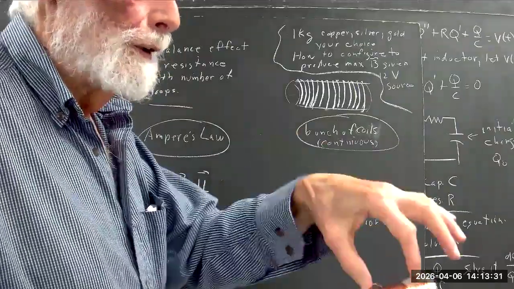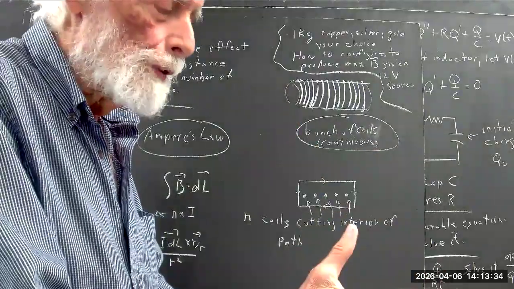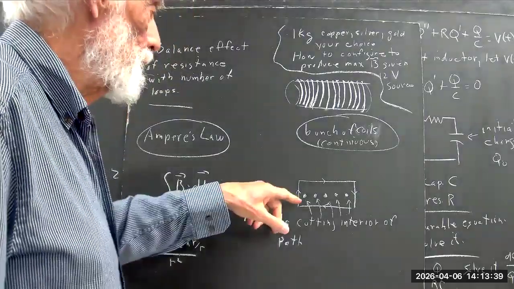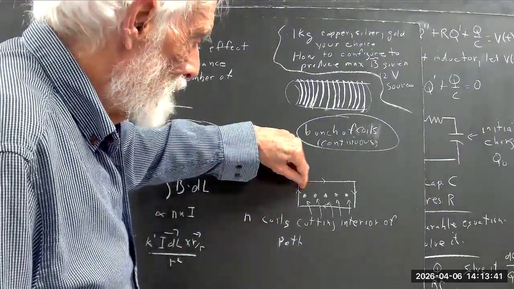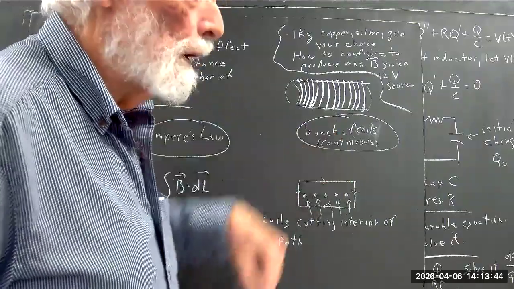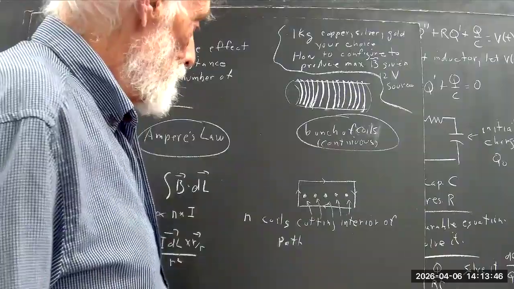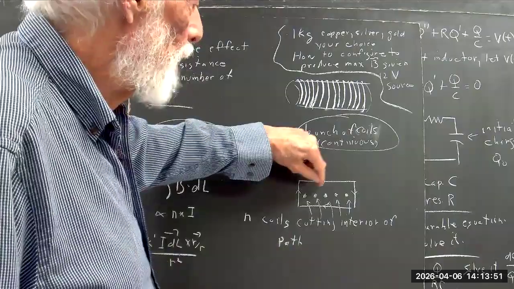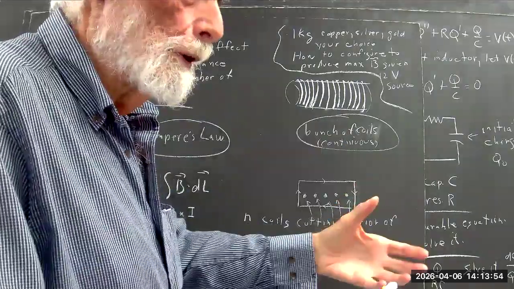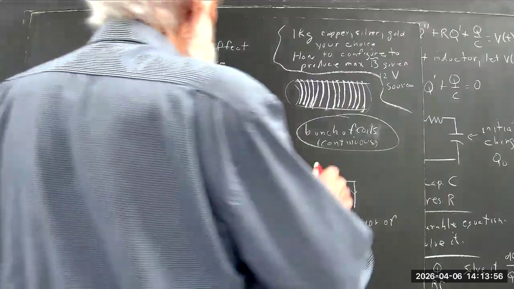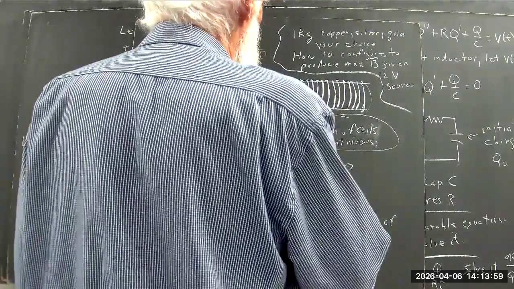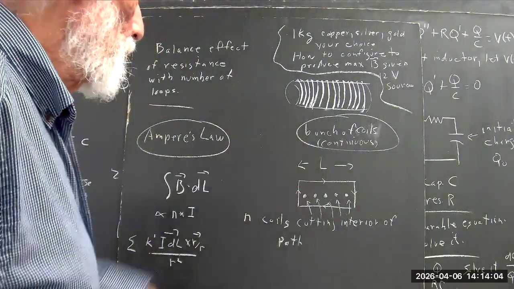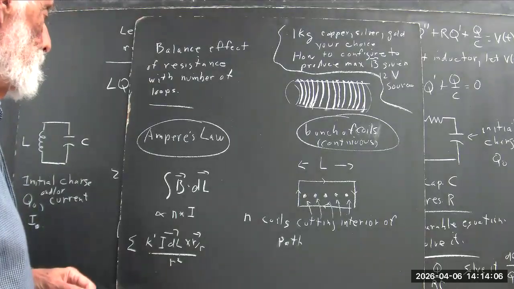So it's like a rectangle that cuts this thing. If we actually cut this thing, which we don't want to do, what we're going to see within that rectangle is just the cross sections of the various wires. So we've got N coils cutting the interior of the path. In this case, N would be 5, but in general, we just mean N coils cutting the interior of the path, over some length, some distance. So we have some idea what the dimensions of this rectangle might be.